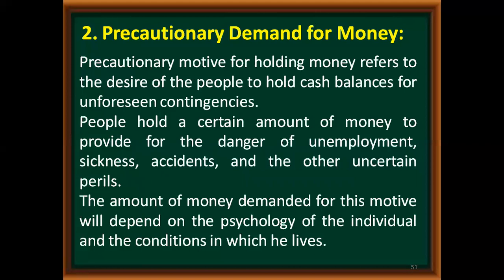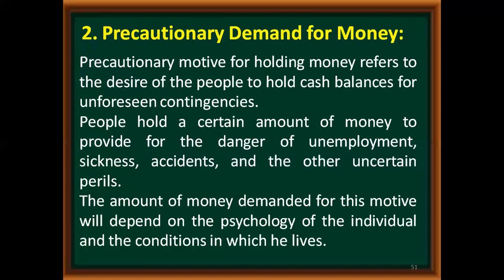The amount of money demanded for this motive will depend on the psychology of an individual and the condition in which he lives. Psychology of people means certain people are pessimistic, certain people are optimistic. Generally, pessimistic people will prefer to hold more money for a precautionary purpose, whereas optimistic people will keep less. And if the condition in which he lives is more risky or more fluctuating, then he will keep more money as a precautionary motive.